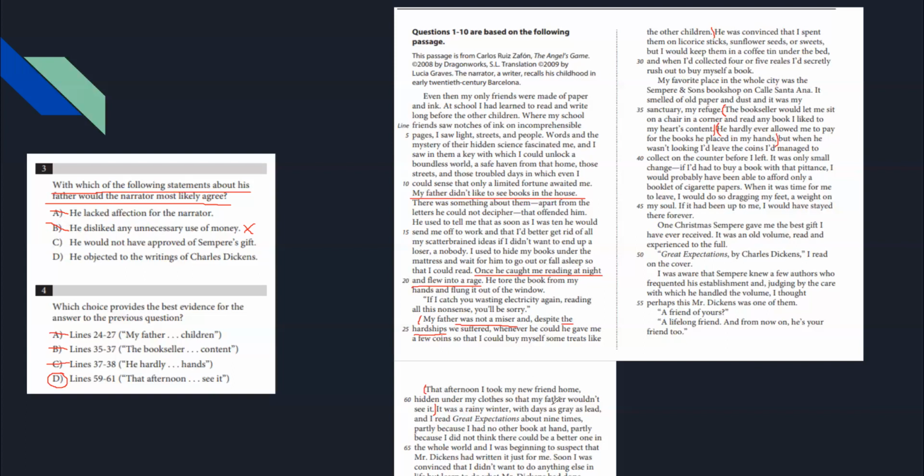What's in the text says that my father wouldn't see it. It shows that his father wouldn't have approved of that gift because it's a friend. So he's referring to my new friend as the book. And so his father wouldn't have approved of that friend, which is the gift that Sempre gave. So that takes out option choice D and then keeps C, since there's nothing about his father disapproving of Charles Dickens, he just doesn't like books.